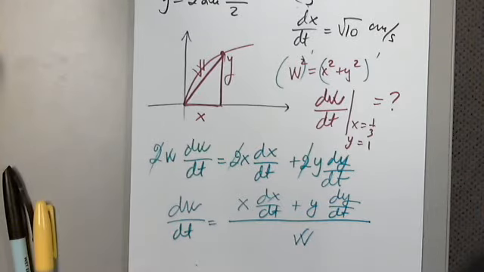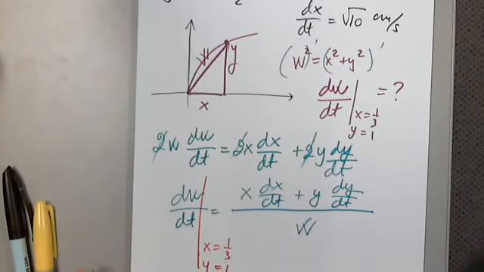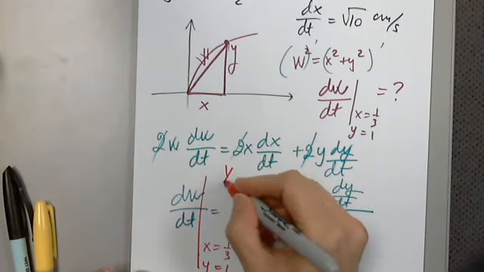So right now I will say that x equals 1/3 and y equals 1. And if I don't have all the information, I will have to figure it out. But this is the expression we needed that will help us determine dw over dt. We have x, 1/3.